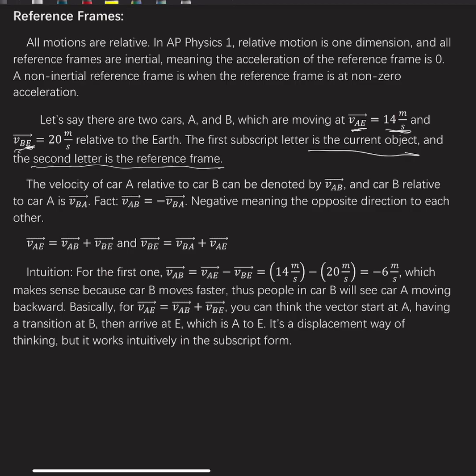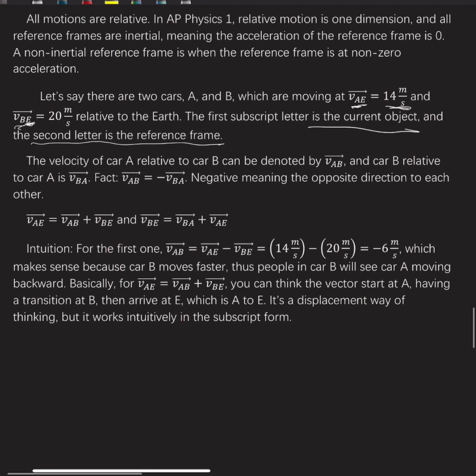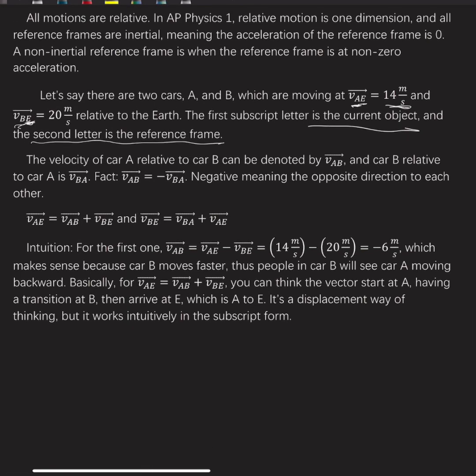From Earth's perspective, a person is sitting on Earth and looking at the objects. This one's moving at 40, this one's moving at 20. The velocity of car A relative to car B can be denoted as velocity AB, and car B relative to car A as velocity BA.